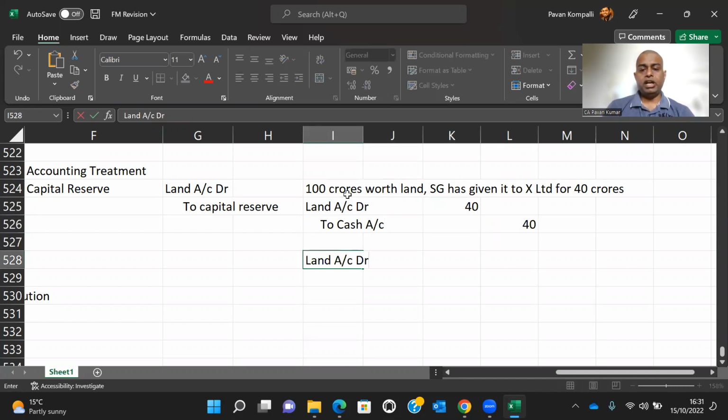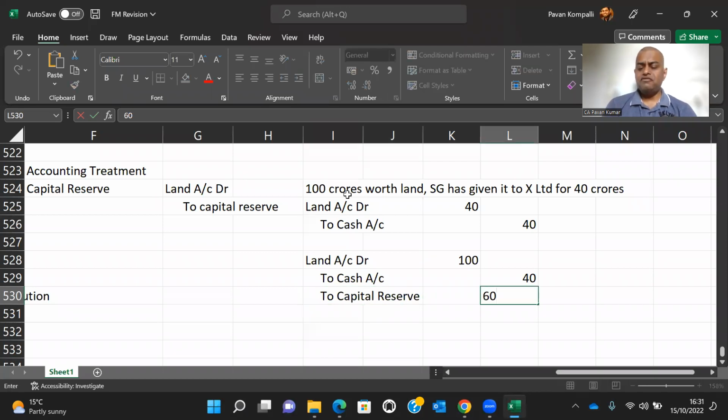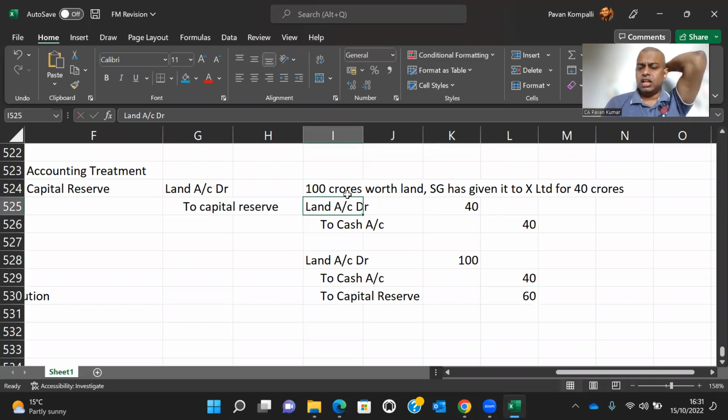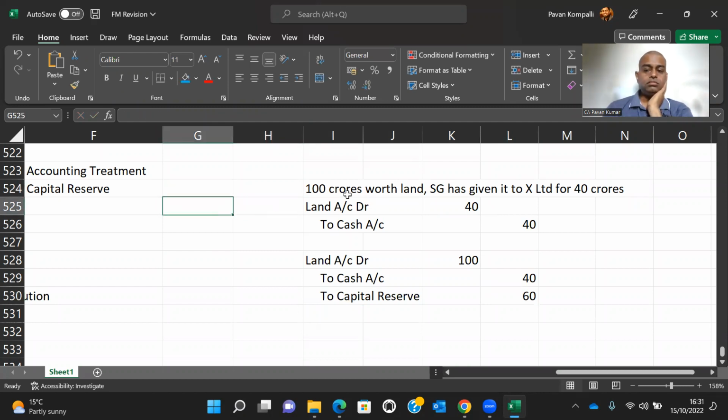Or do you think land account debit 100 to cash account 40, to capital reserve 60? Which journal entry is correct? Do you think journal entry 1 is correct or journal entry 2 is correct? Journal entry 2 is correct. Why? You know why journal entry 2 is correct? There is one accounting concept involved in this. Do you know what that accounting concept is?